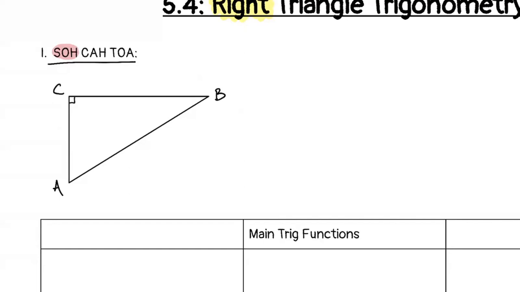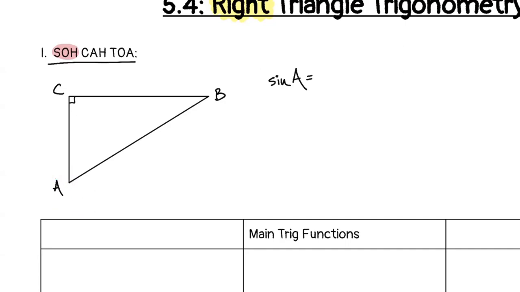And so if I were to say sine of angle A, all right, I would want to look from angle A. It's almost like if I could move myself to angle A and look out and kind of see the triangle, okay?